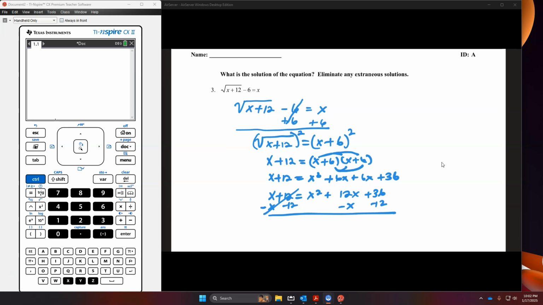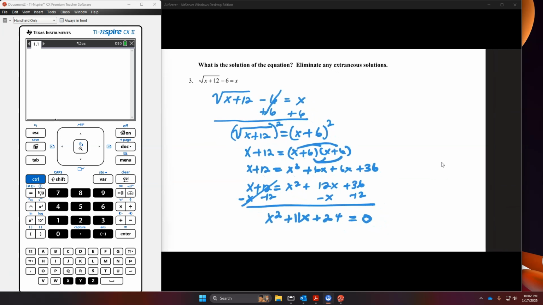So you have x squared plus 11x plus 24 equals 0. Now you can use the quadratic formula, or you can factor.